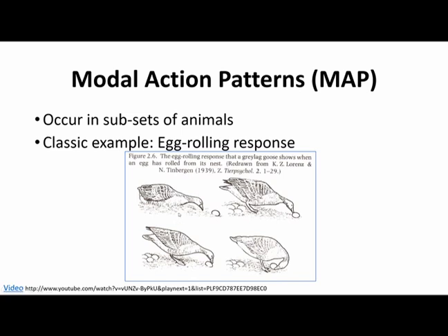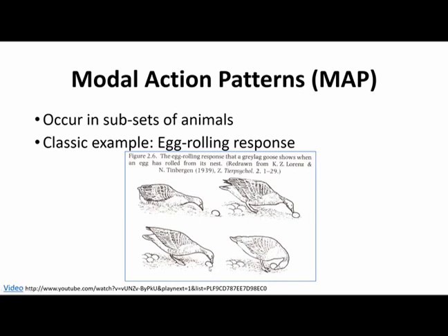The basic premise is that geese have this modal action pattern where if they see an egg outside of the nest, they will follow a very strict set of actions to bring that egg back into the nest. If we look at the steps on the diagram here, the first step is to extend their neck, to the point where they're touching the egg.